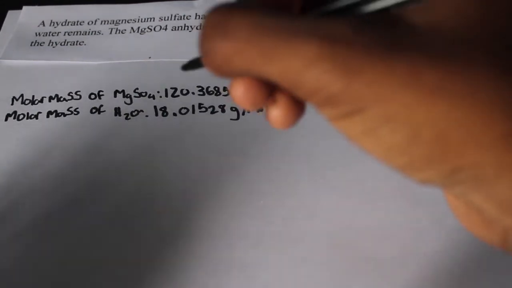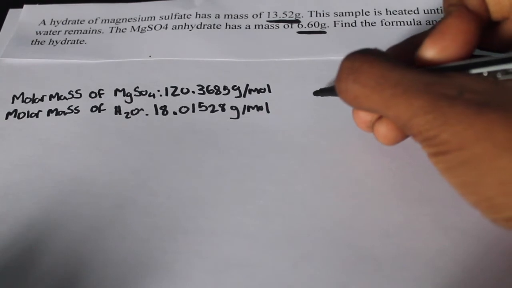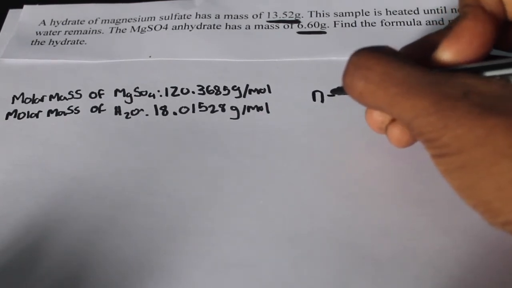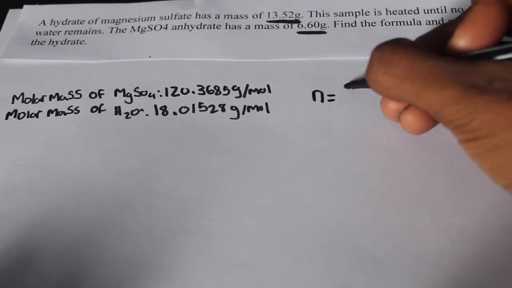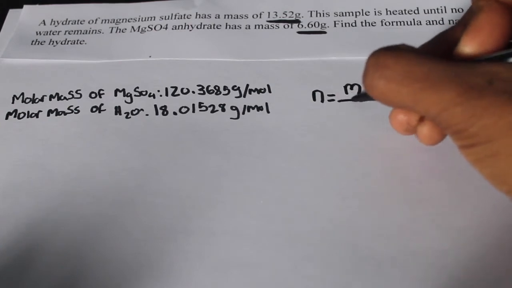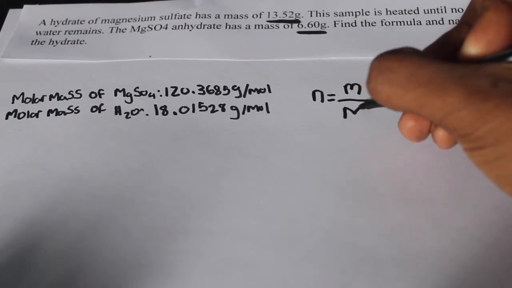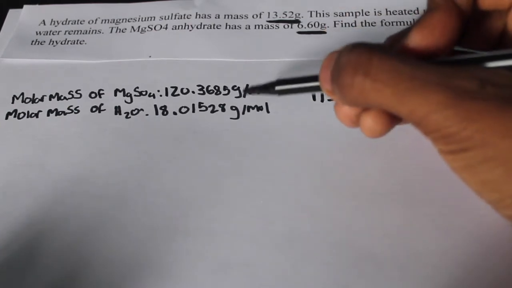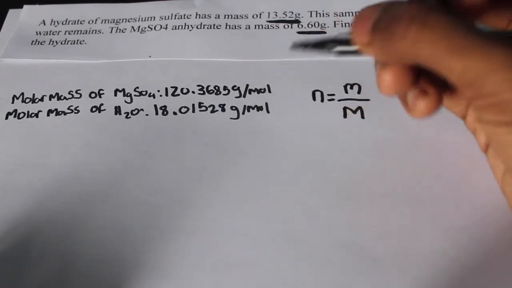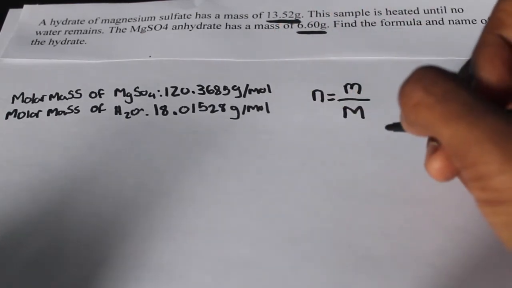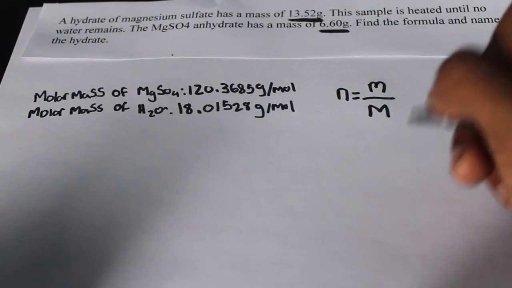The formula to find the number of moles is n, which is moles, equals mass over molar mass. And we have the molar mass here. So first, let's start off with magnesium sulfate.